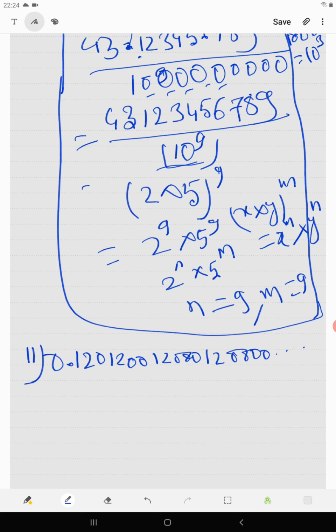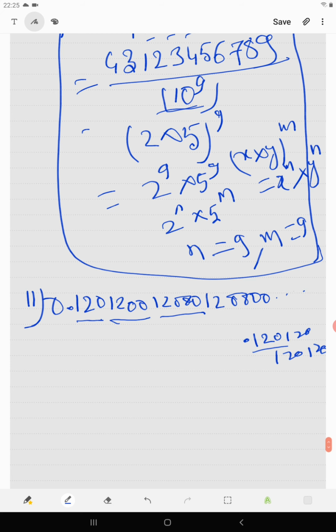Recurring means that if it is 120, the next will always be 120, again next 120. If it is recurring, after a certain digit, the same digits should occur again. But here you can see, first is 120, next is 1200, next is 12000, 1240, like that it is going. So it's non-recurring, correct?